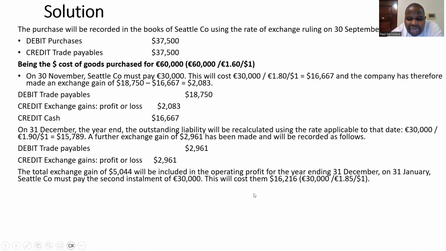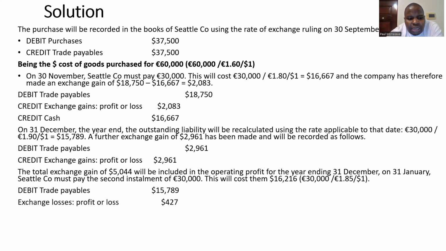At that date, the company was supposed to pay 16,216, but it paid 15,789, leaving a gain of 2,961. So we account for the transaction.